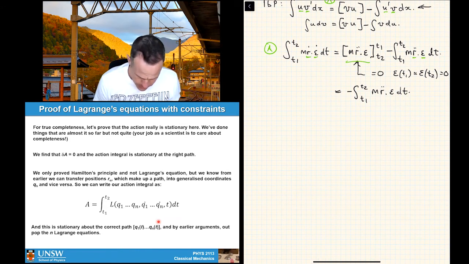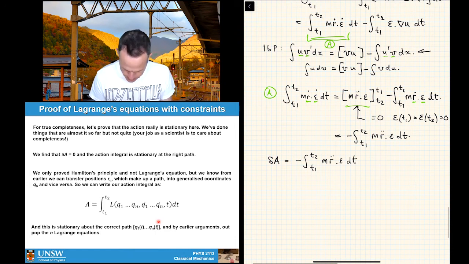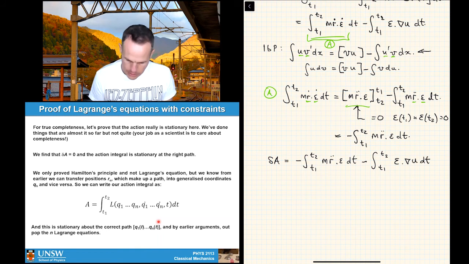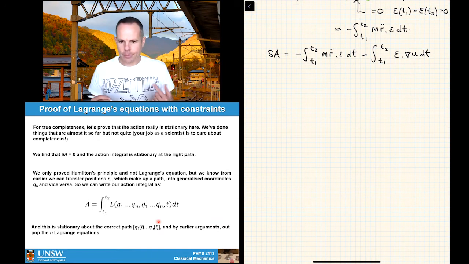Okay, so that means now our delta A here becomes, where is it? Up there. Now we're fixing up our term A, so this is minus the integral from t1 to t2 of m r double dot dot epsilon dt, minus the integral from t1 to t2 of epsilon dot grad U dt in here, okay? All right, we did this to get a minus sign in the end, but also to get an epsilon that we can pull out the front, okay?